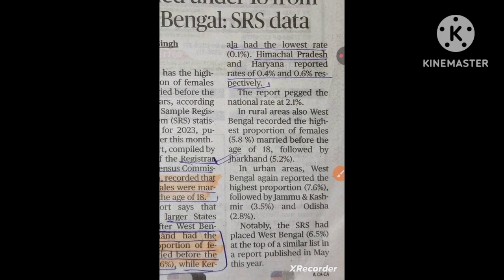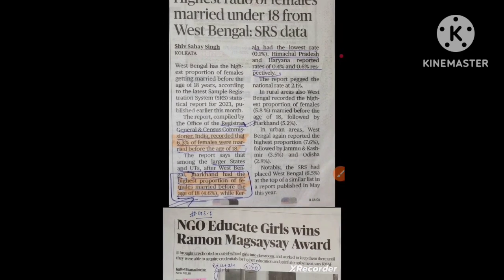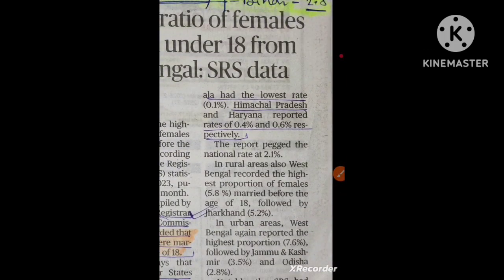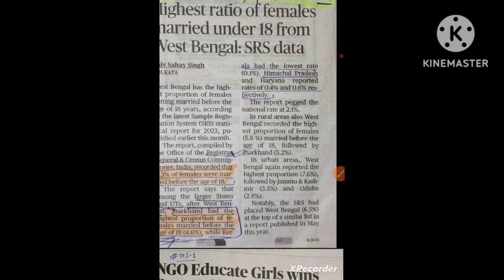If you are writing for state PCS, any state, Bihar, Jharkhand, Himachal, any, you will back this data with the total fertility rate of the specific state. So here for Bihar I have written that the highest TFR is that of Bihar, which is 2.8%.